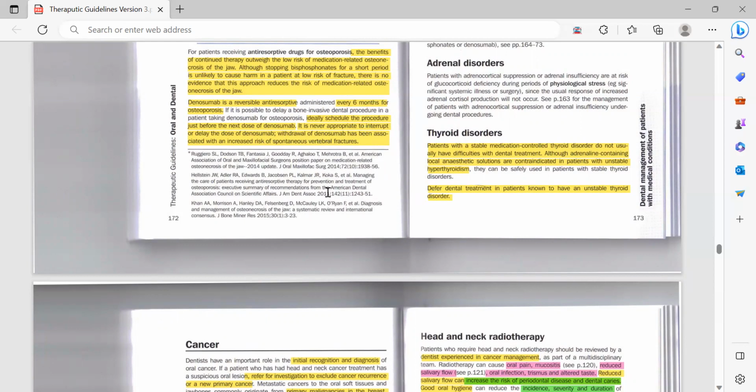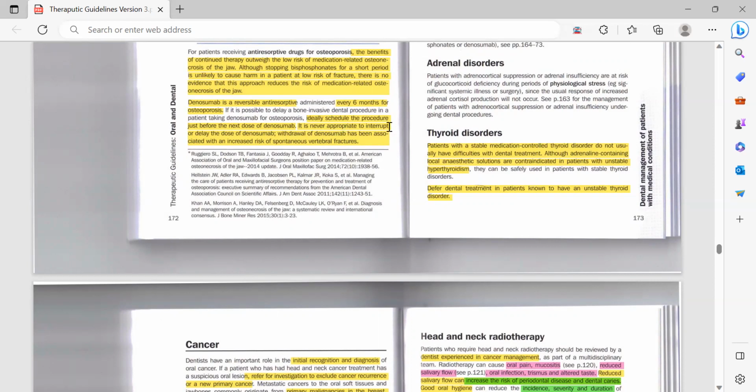In that period there would be a lower level of this drug in the patient's body, and there would be uneventful healing. If it is not urgent, you can do this, but if urgent treatment is needed, then you do not really have any choice, and you need to consult with their medical practitioner.